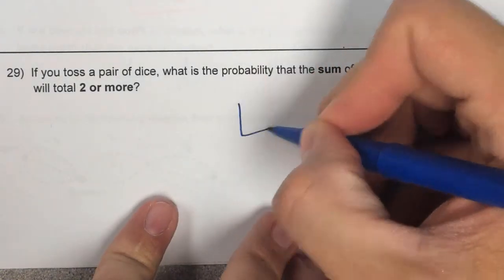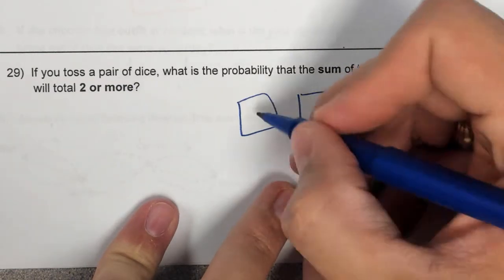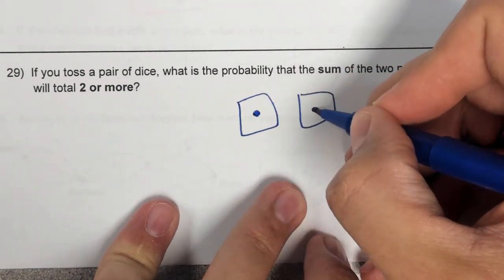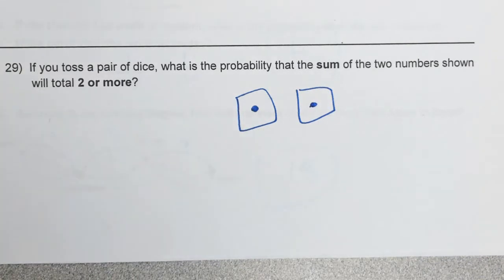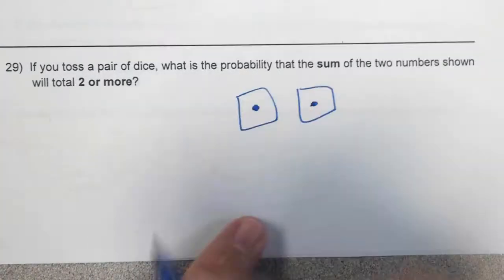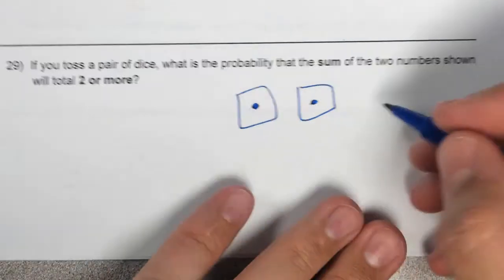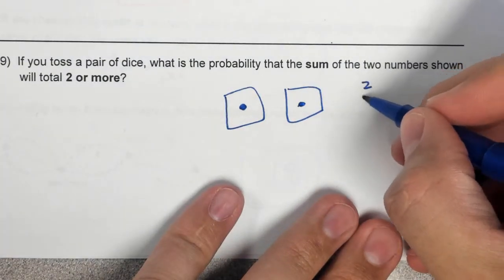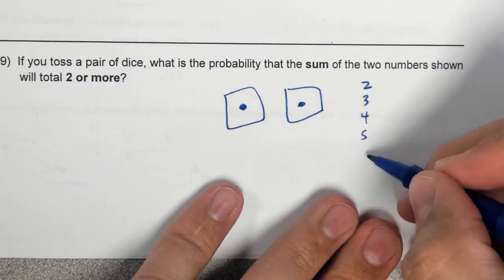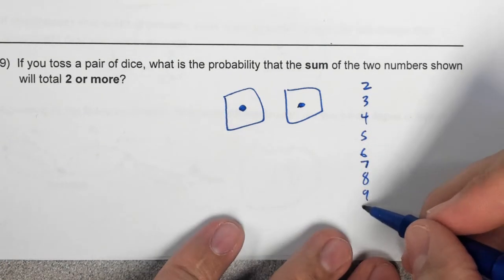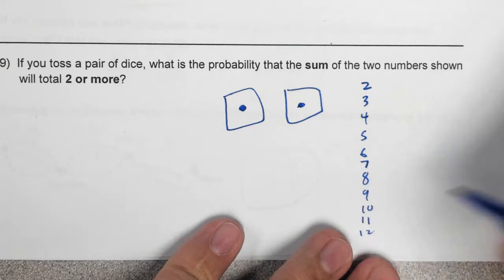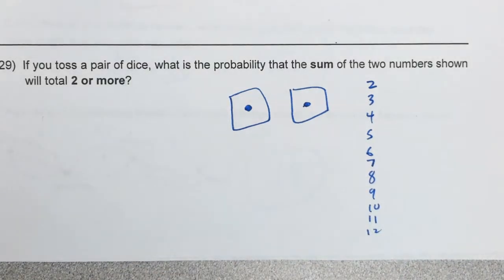If you roll dice, the smallest number you can get is 2. There is no way to get 1. So your options are 2, 3, 4, 5, 6, 7, 8, 9, 10, 11, and 12. Those are your only options.